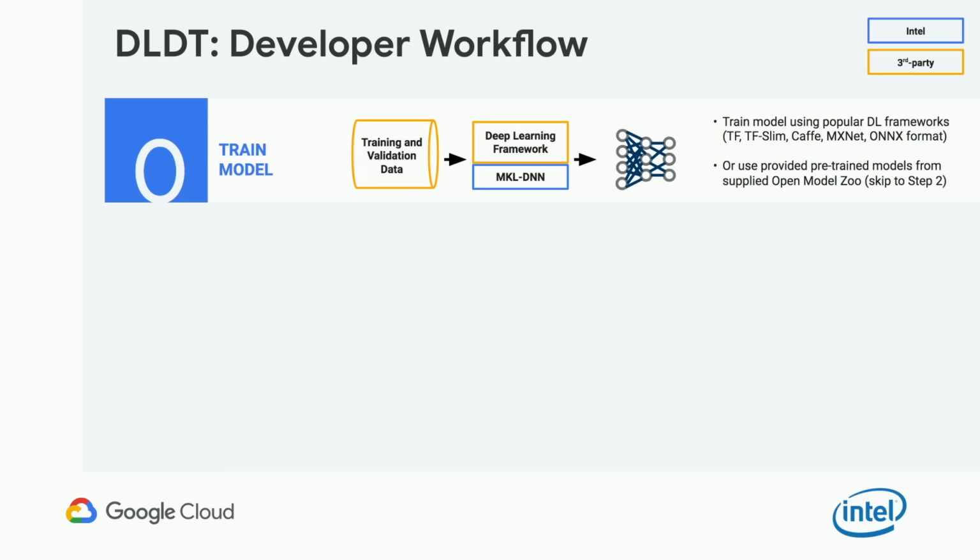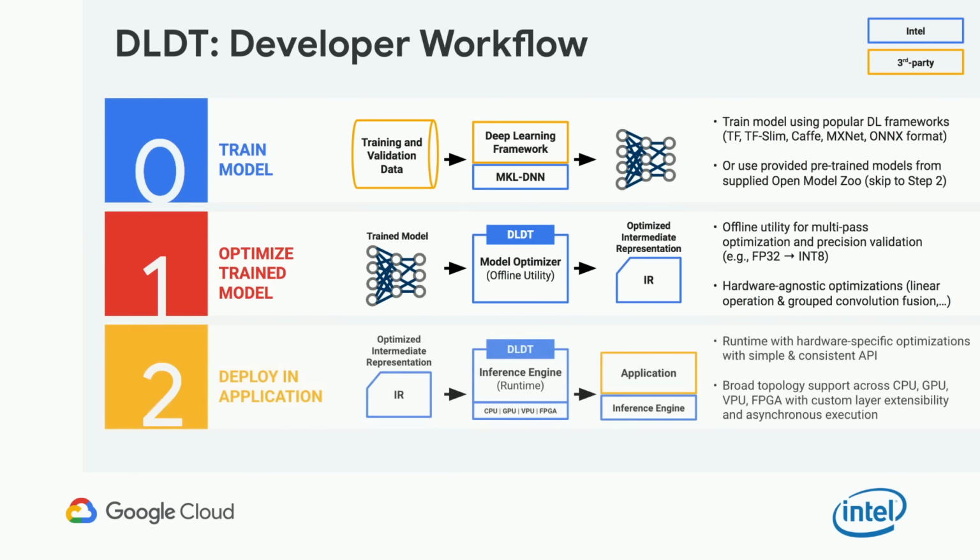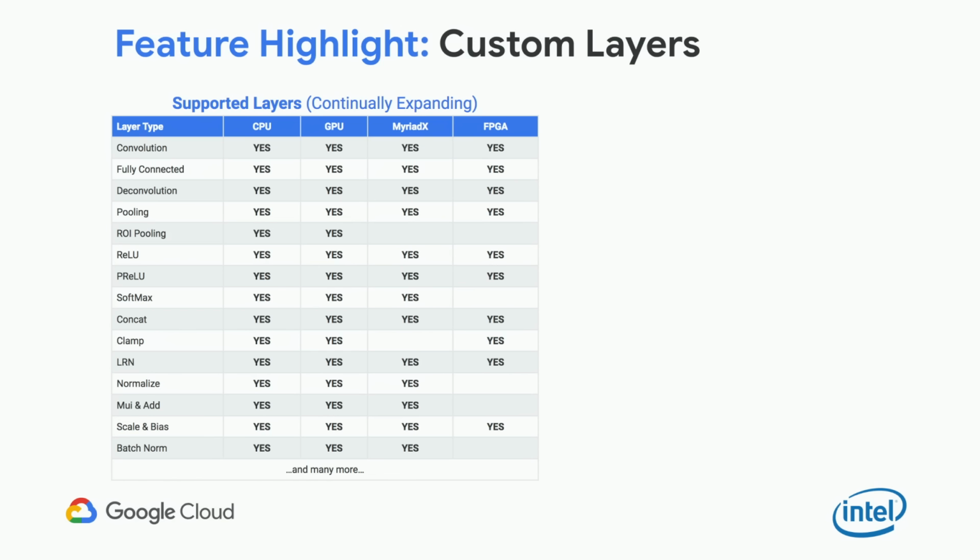DLDT has two steps. First, DLDT provides an optimized intermediate representation, or IR, of the model's graph. This includes optimizations such as layer fusions or quantization. Second, this IR is then consumed by the inference engine, optimized across various hardware products.